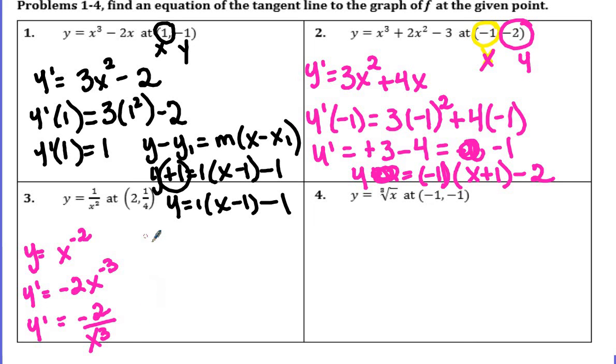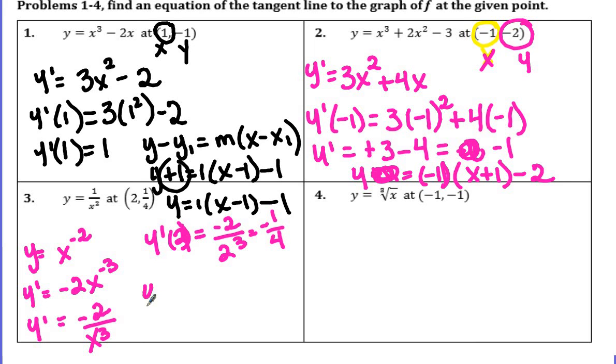So when I plug in my x value, which is 2, you get -2 over 2 to the third, which gives me, that's 2 and 8, so -1/4.